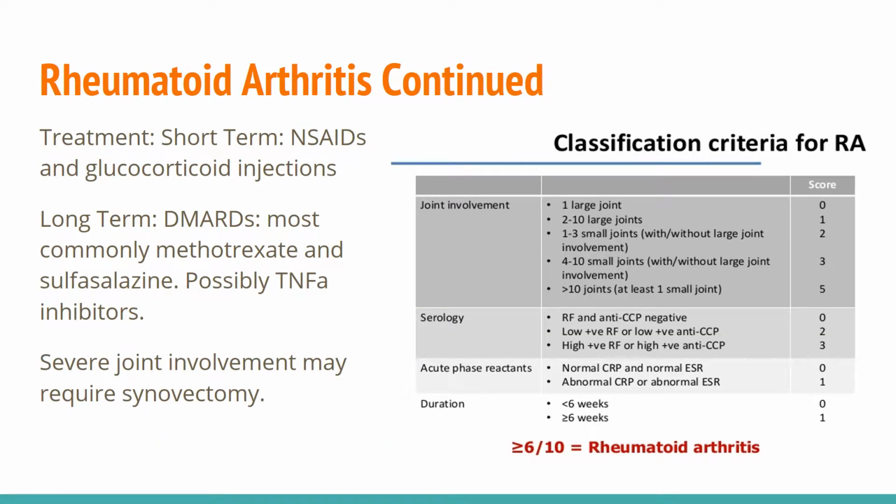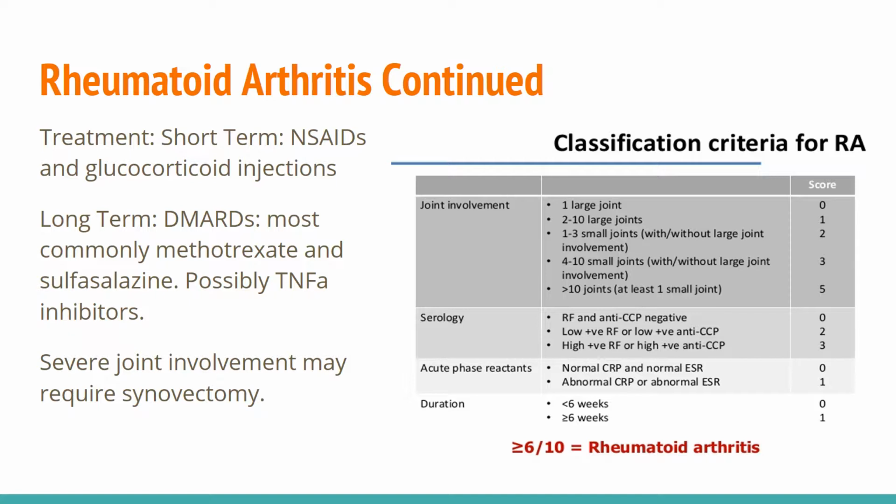In terms of classification criteria of rheumatoid arthritis, this was developed by the American College of Rheumatology and basically aids in diagnosis. It involves 4 categories: joint involvement, serology, acute phase reactants, and duration. You're largely looking at the joint involvement in terms of how many joints there are and what type of joints, so large versus small joints.